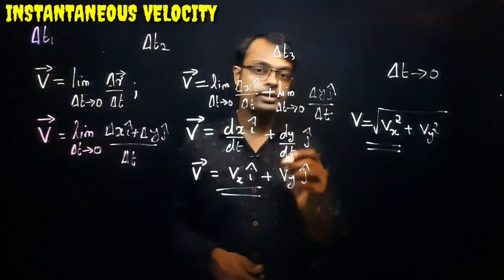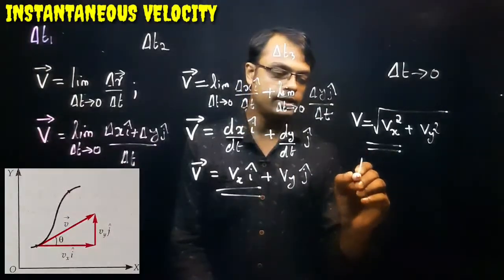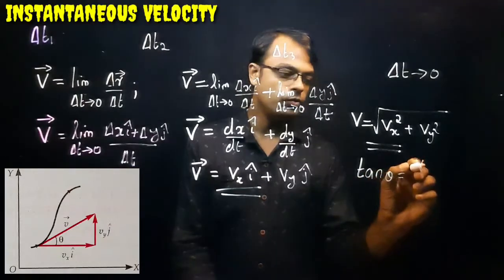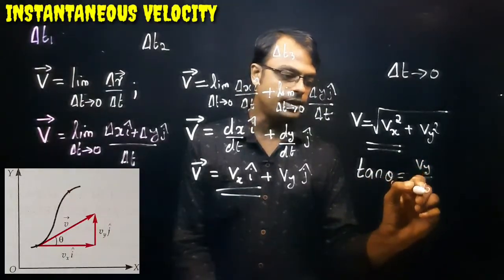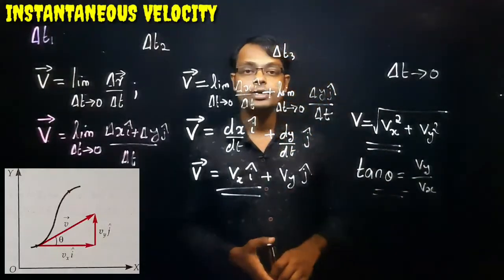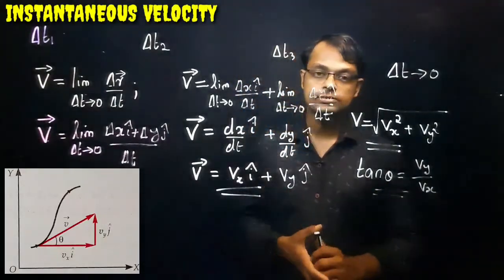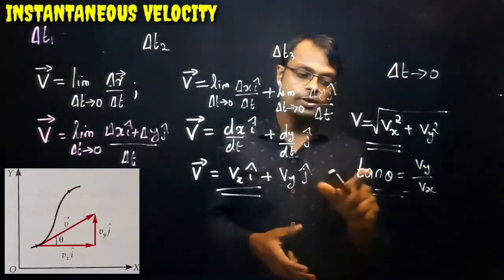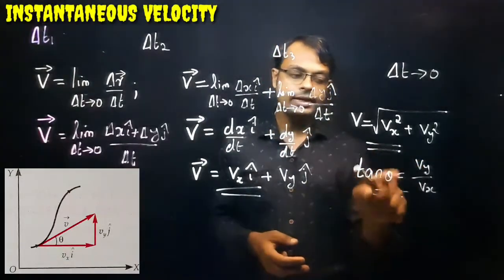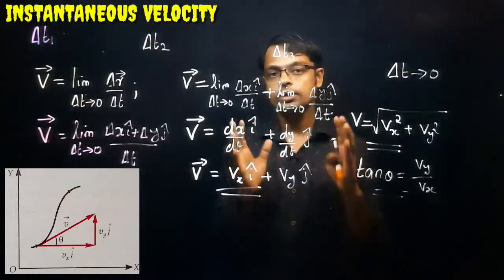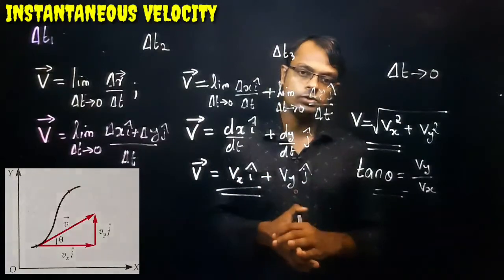Now you can also find the direction: tan theta is equal to vy divided by vx, the y component of velocity divided by the x component of velocity. Therefore theta is equal to tan inverse of vy divided by vx. You can calculate the direction of the resultant velocity.